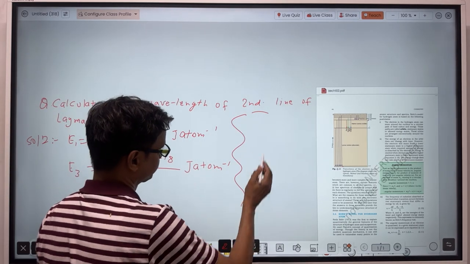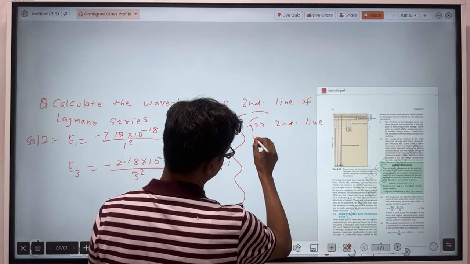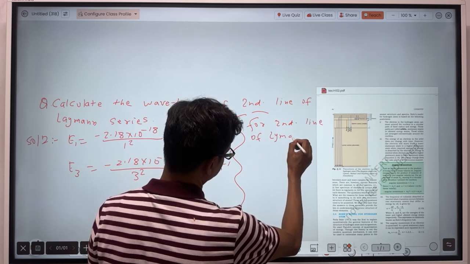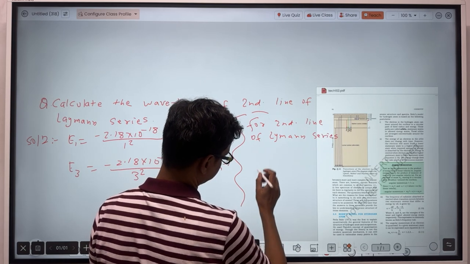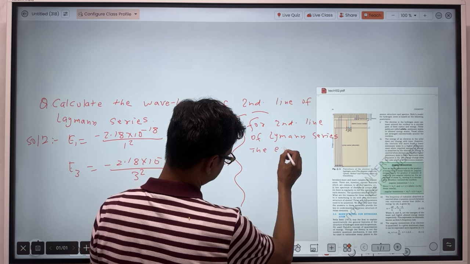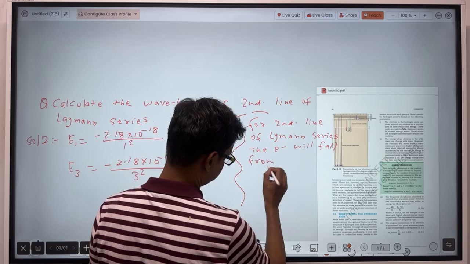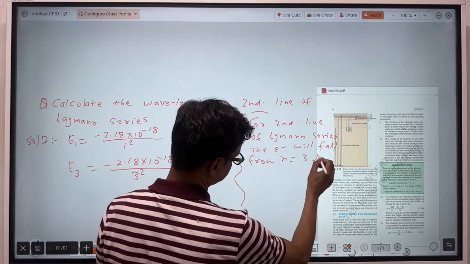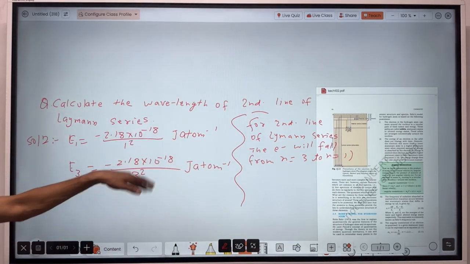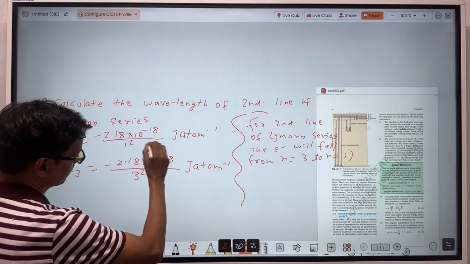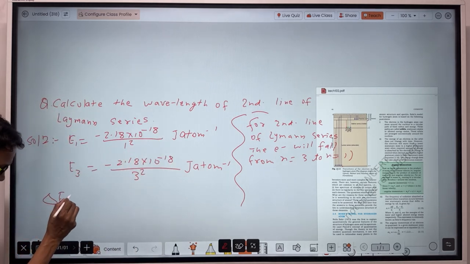Okay, so now calculate here. That will remain the same, minus 2.18 into 10 to the power minus 18. So the change in energy will be how much?